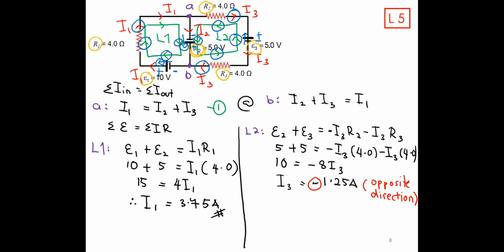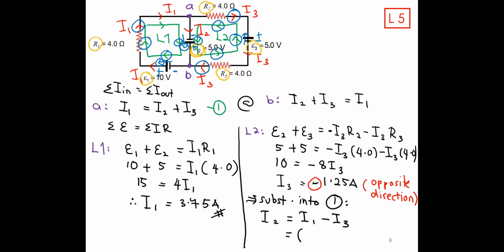Then you can find your I2. You just substitute into our first equation. Just rearrange: I2 equals I1 minus I3.